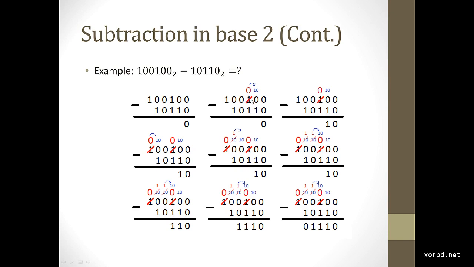We borrow from the next digit, which turns this digit into 0, and when we borrow 1 unit, it represents 10 units in the next position. So we just subtract 10 minus 1, and we get 1.